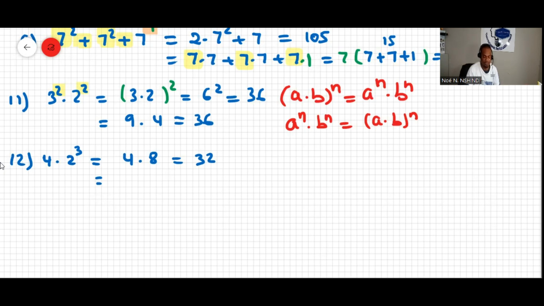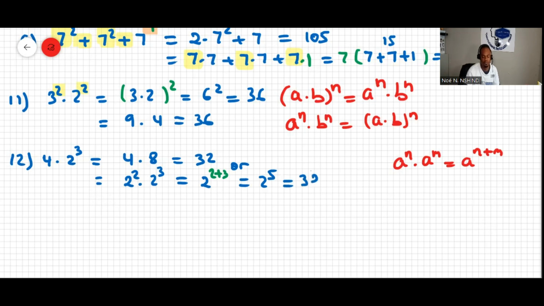We can do 4 is like 2 squared, and then 2 to the power 3 over here. We can apply the law of exponents, a to the n times a to the m is equal to a to the n plus m, so this will be 2 to the power of 2 plus 3, and this equals 2 to the power 5, which is 32.